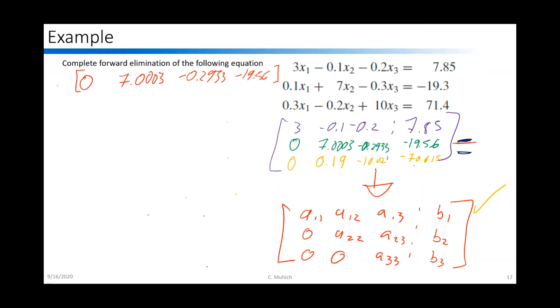So we need to multiply this whole row by some number so that when I subtract off, I end up having that negative 0.19 in the second column.